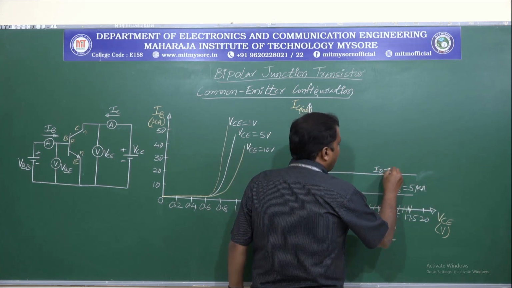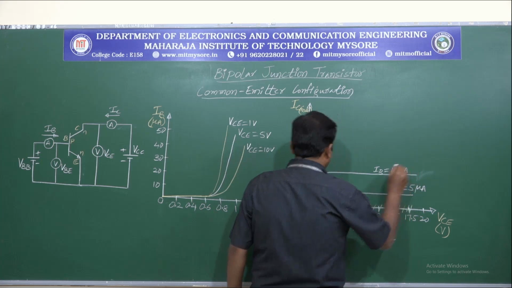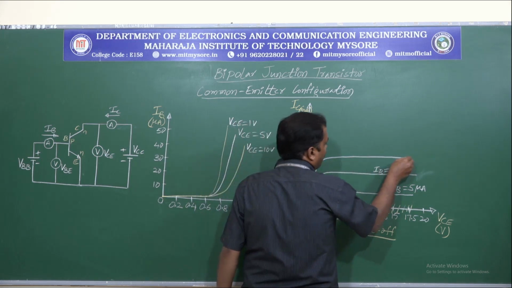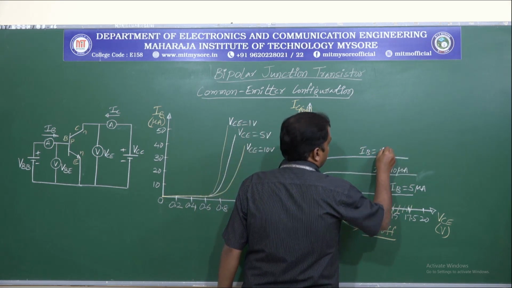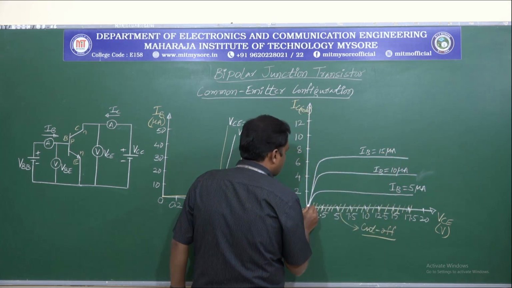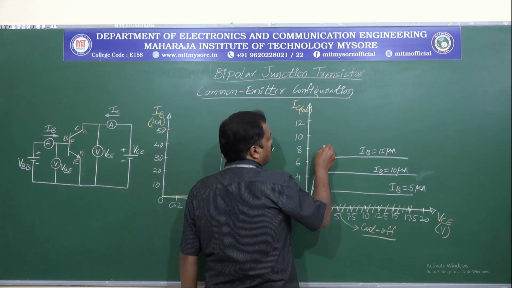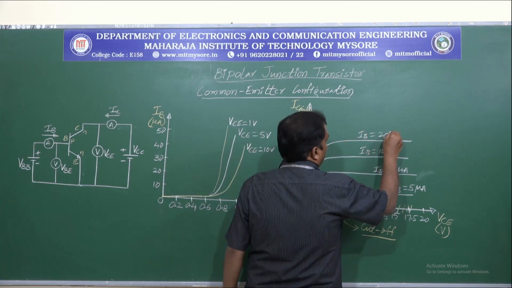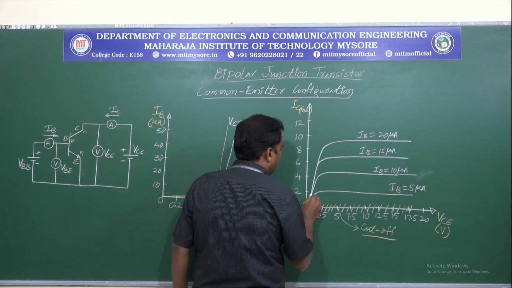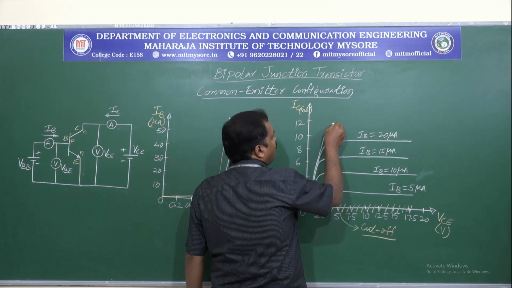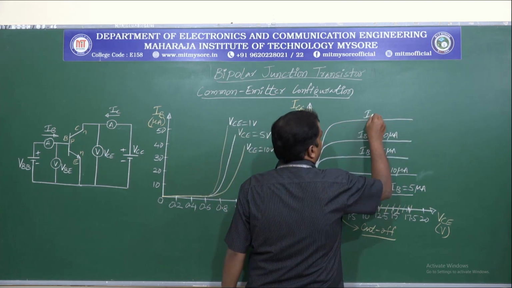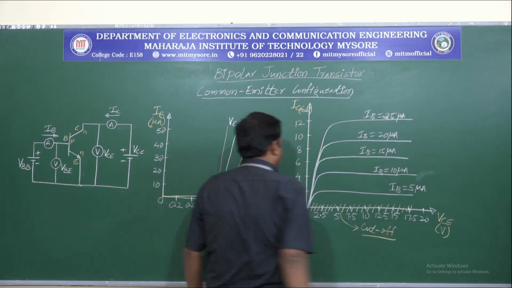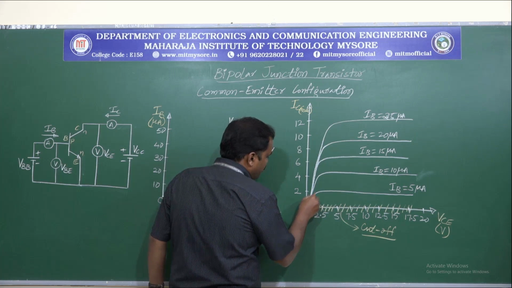Let us say this is for IB equals 10 microamperes, and further this is for 15 microamperes. This is for 20 microamperes, and further if I increase IB, this is for 25 microamperes.